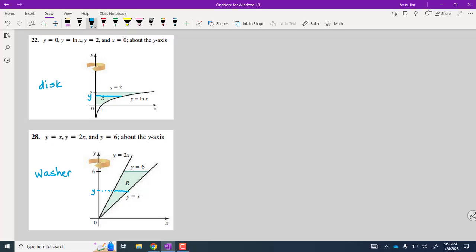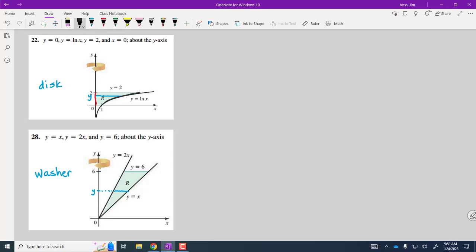The other way to think of it is that if you're going horizontal, you are taking differences of x values, so you need to solve all the functions for x. Either way, you can think of it in either way. So when we look at this situation here, red is on the left, black is on the right.